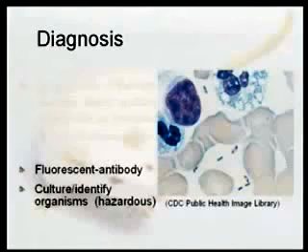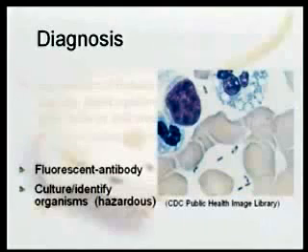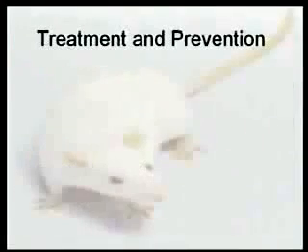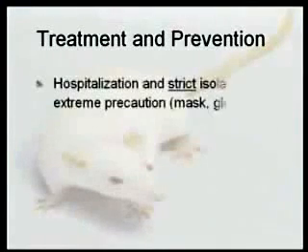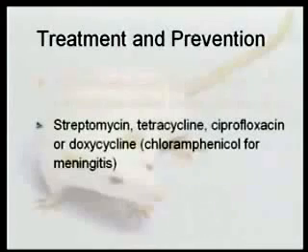Culture identity, when one can culture, but it is hazardous. If one can avoid culturing and diagnose without culturing, that's best, because you're putting at risk the lab personnel as well. They have got to be especially trained to handle this organism. Treatment: hospitalization and strict isolation, quarantine, extreme precaution, mask, gloves, etc. Streptomycin, tetracycline, ciprofloxacin, or doxycycline are the antibiotics that are used.